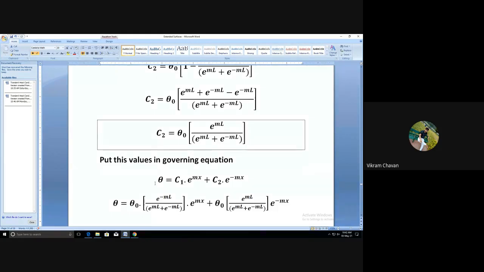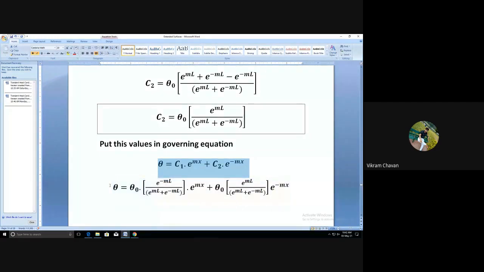So our governing equation is theta is equal to C1 multiplied by e raised to mx plus C2 multiplied by e raised to minus mx. In that equation, we have determined the C1 and C2 values, so just put the C1 and C2 equations in this governing equation.